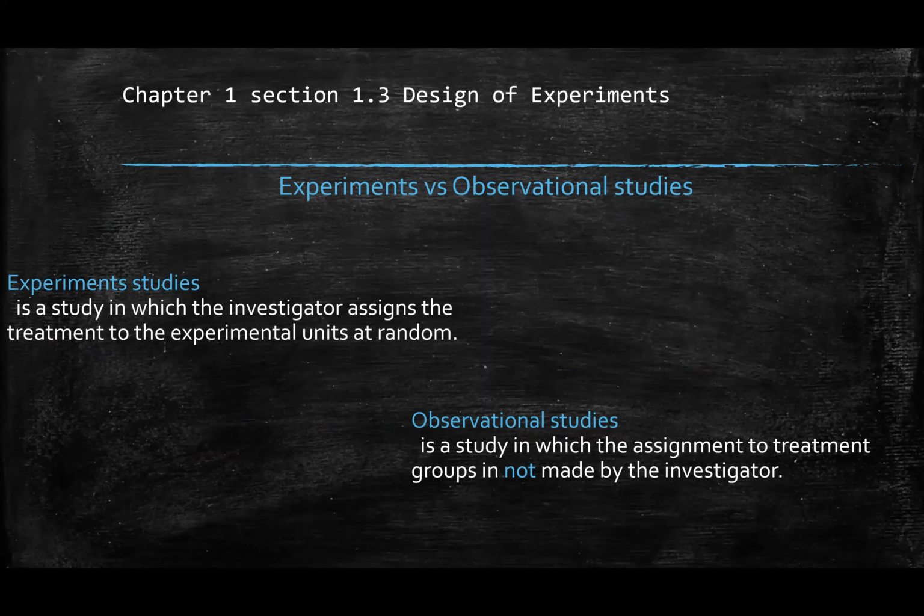For instance, you say, I want to test this medicine to see if it has a good effect on my subject. You go in individually and give them the medicine, and then you write out the response. So that's your experimental study, meaning you are actually physically doing something with your subject.